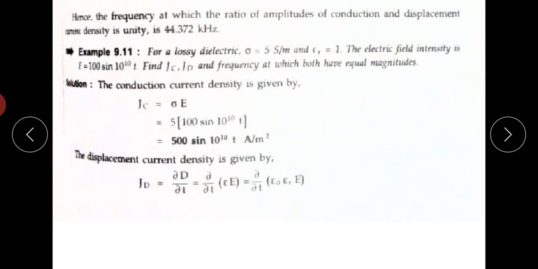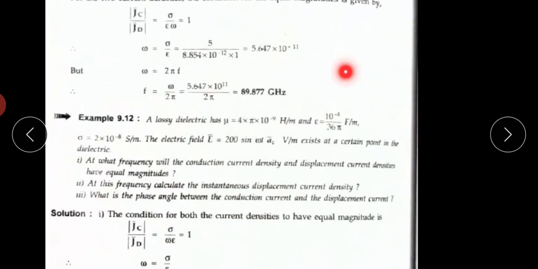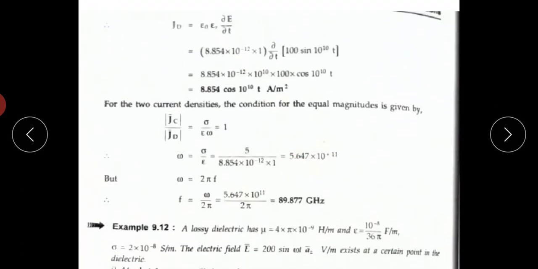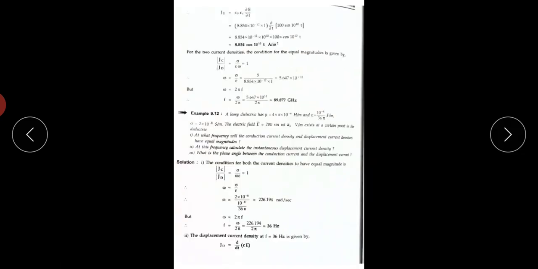It equals dou by dou t of D, where D equals epsilon into E, so it equals dou by dou t of epsilon naught into epsilon r E bar. Epsilon naught and epsilon r are constants, so Jd equals epsilon naught into epsilon r dou E by dou t. Epsilon naught equals 8.854 into 10 to the power of minus 12, and epsilon r equals 1.